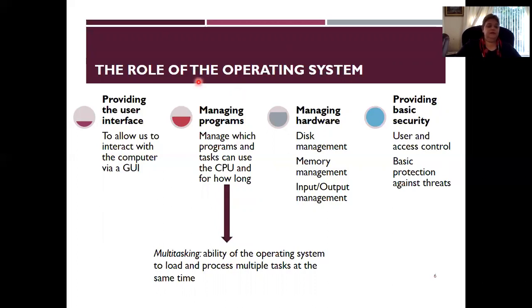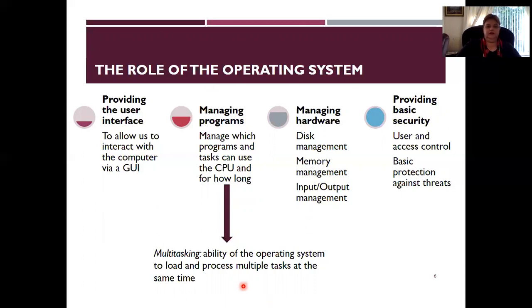The operating system allows the user to choose and run software by loading programs into the memory and coordinating the process of these programs with the CPU. It manages which programs and tasks can be used by the CPU and for how long. This is your multi-threading, your multitasking.